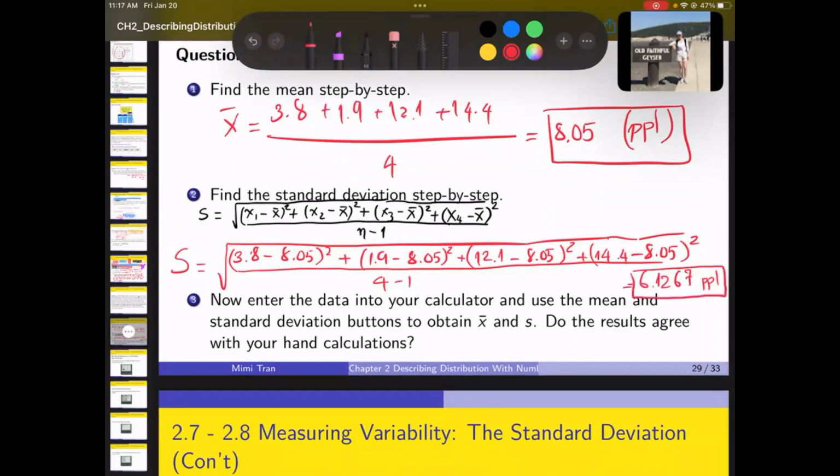Can someone interpret that for me? Put it in context.